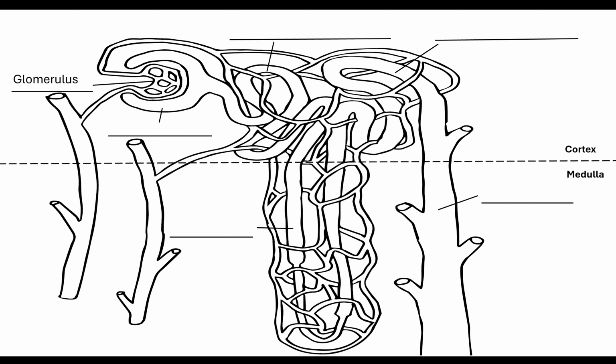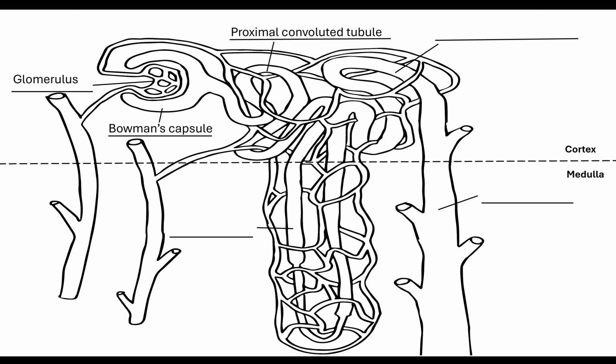So it's a capillary bed which sits inside a Bowman's capsule. Now this is where ultrafiltration is going to occur, and I will do a video on ultrafiltration, so do check that one out. We then move through the kidney nephron from the Bowman's capsule to the proximal convoluted tubule.